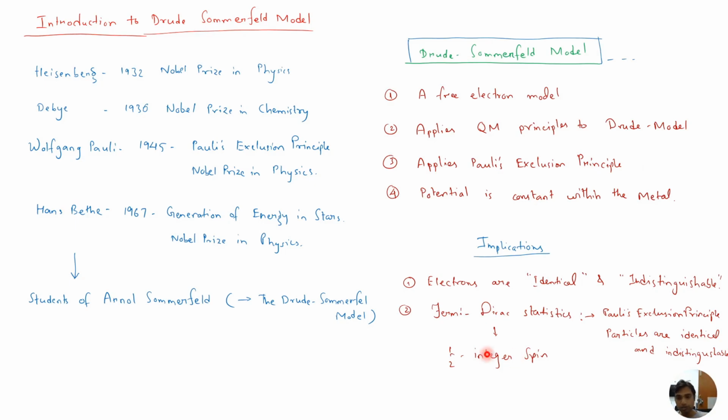The implication is that the electrons are identical and indistinguishable, and since the electrons are spin-half particles, they have to obey the Fermi-Dirac statistics, and they have to obey Pauli's exclusion principle.